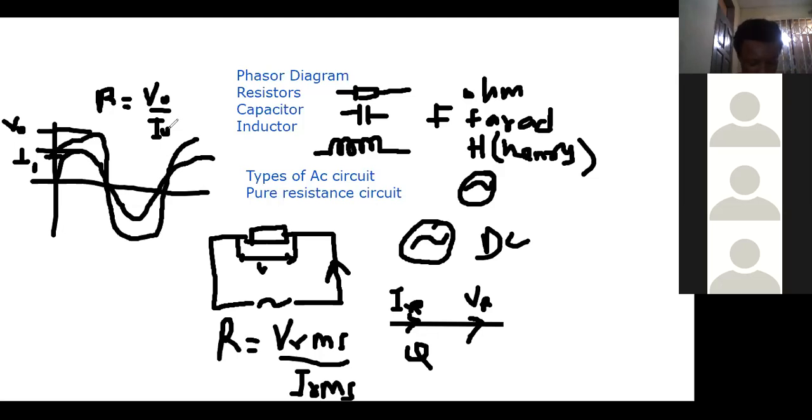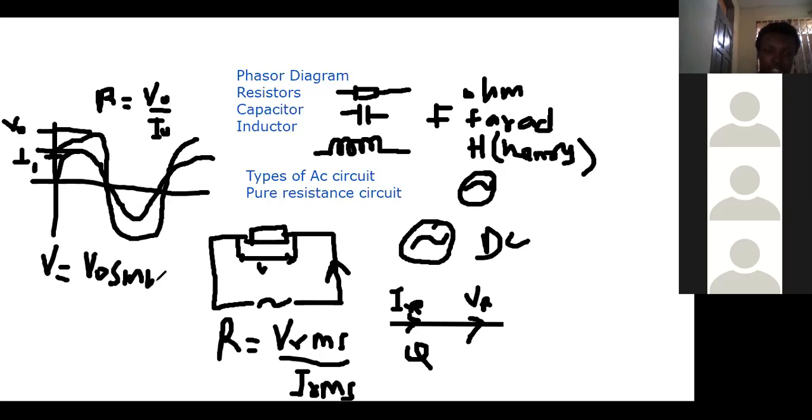Yes, sir. You know, this one is gotten from the curve, because of the sinusoid. I taught you that here the VRMS, or V, will be equal to V naught sine.